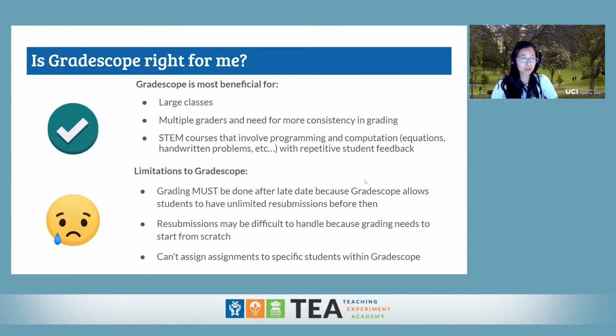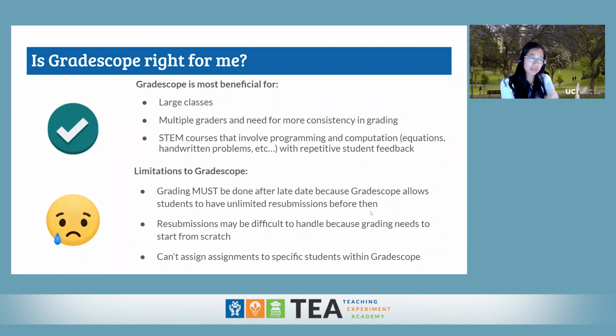There are certain limitations to Gradescope that you should be aware of. Grading must be done after the late date because Gradescope allows students to have unlimited resubmissions before then. We talked about that before, so just be very aware of that. Resubmissions may also be difficult to handle for the purpose of specs grading, because when a student resubmits, grading needs to start from scratch.